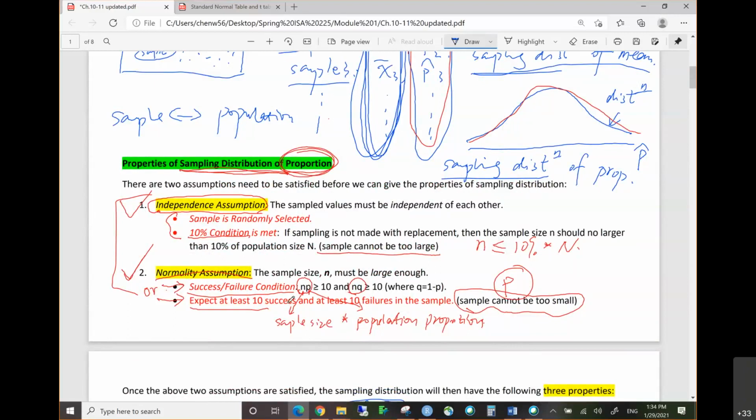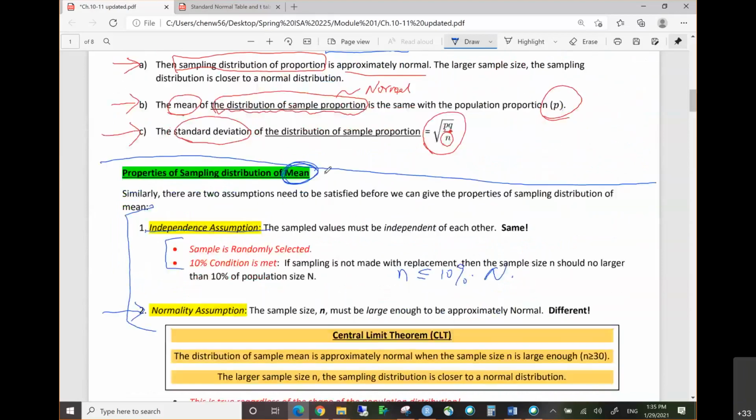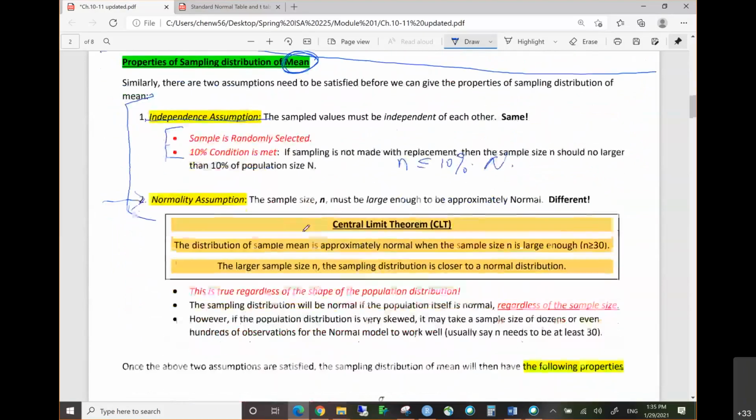But now, what if my sample statistic is the sample mean? They are all numerical values. There are no successes or failures that I can check. Then we need to change the way we check the normality assumption, and here we will use a very famous theorem. We call it the central limit theorem.